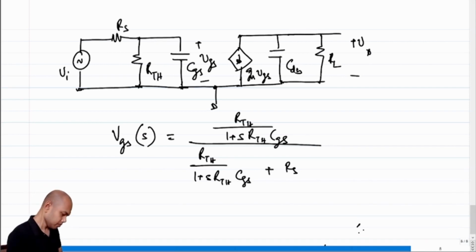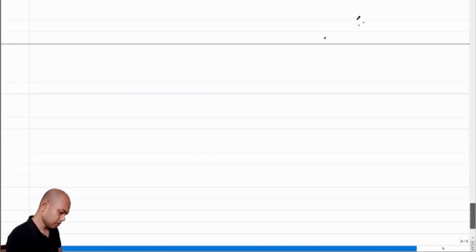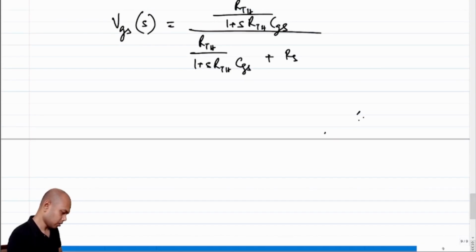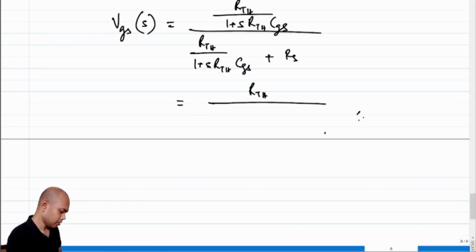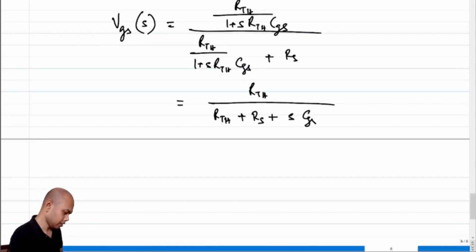Okay, so this means this is equal to RTH divided by RTH plus RS plus s times CGS times RTH times RS.